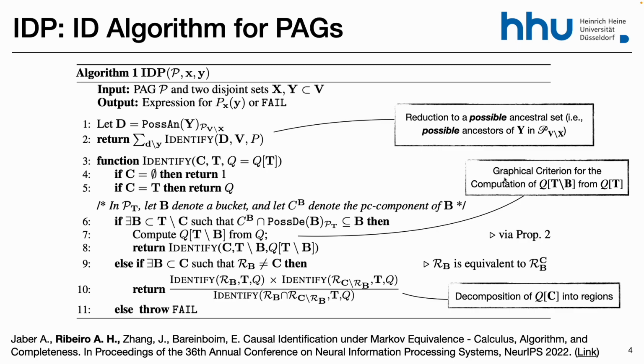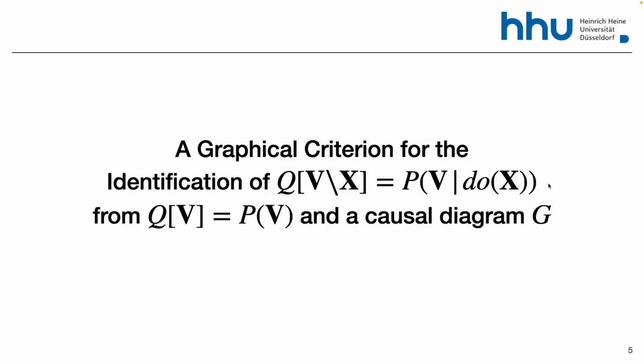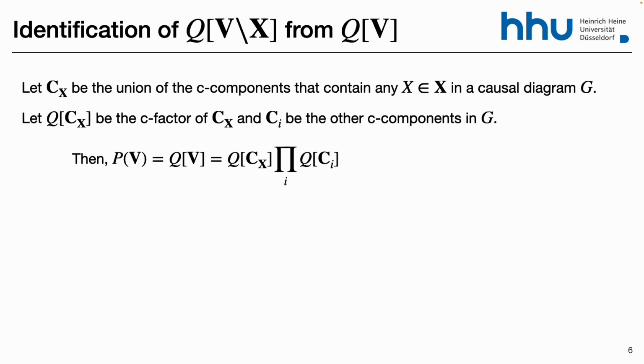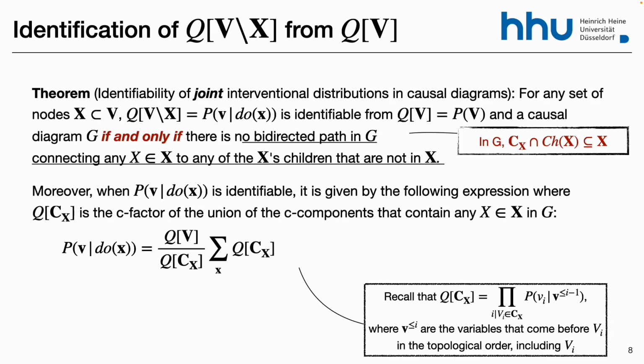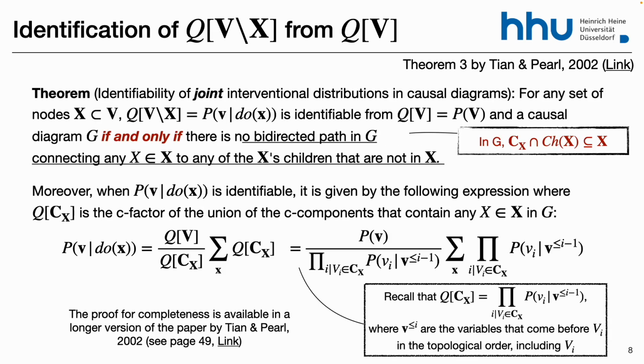I stopped here. We saw the graphical criterion first for causal diagrams, and that's the final theorem for causal diagrams.